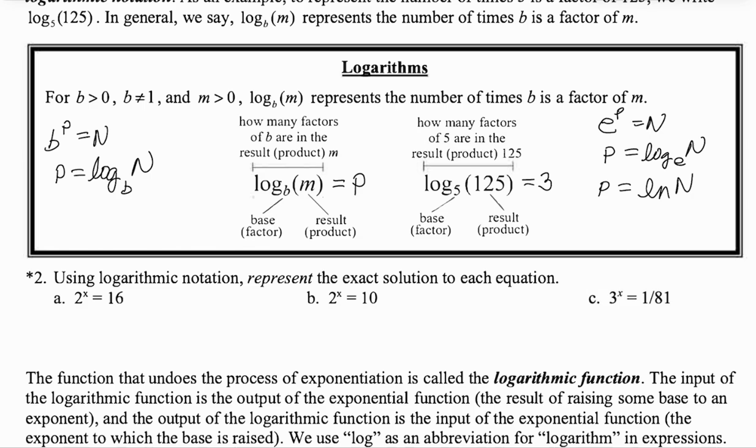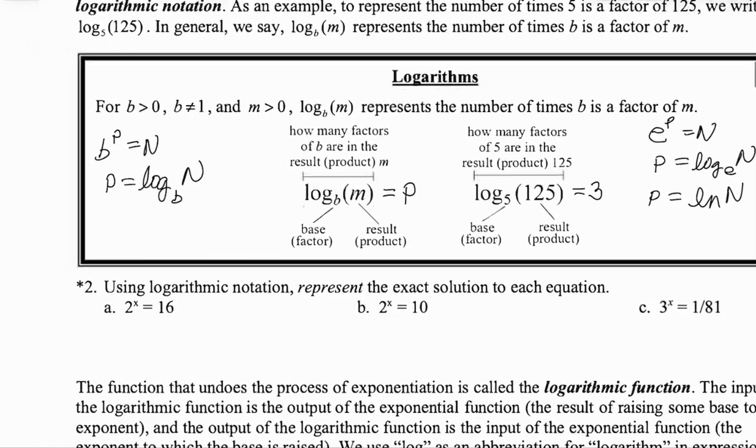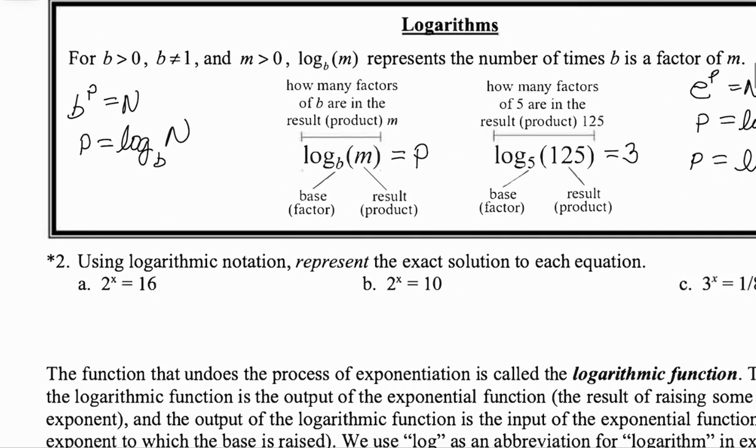Who knows? Okay. And then another one I'm going to write over here is if it happens to be a 10, yes, the power is log base 10 of the number. But that's the other button on your calculator. That would just be a plain old log. You don't have to write the 10.